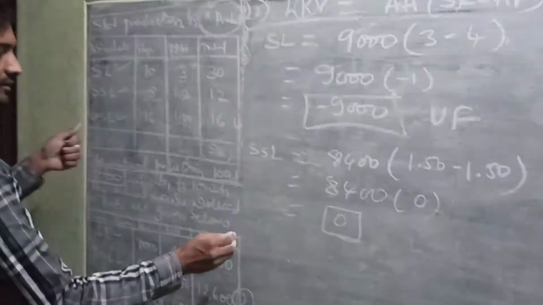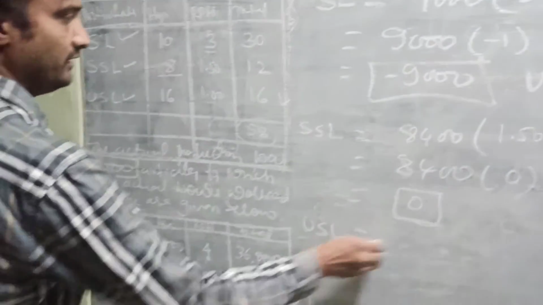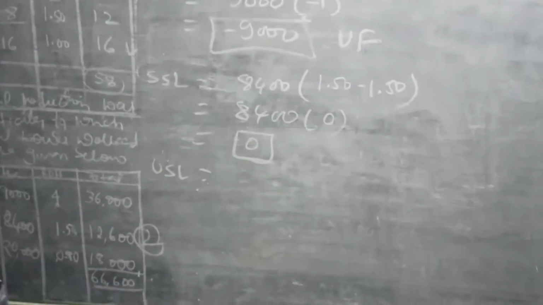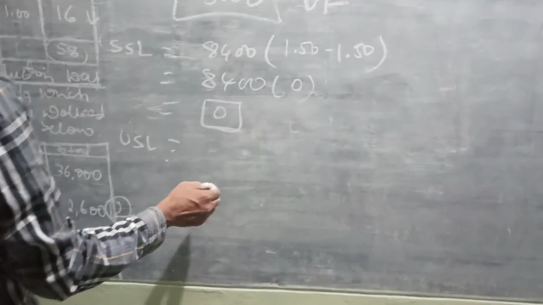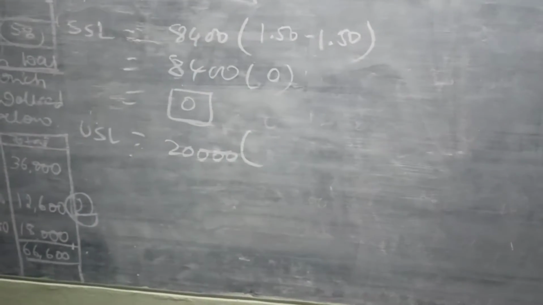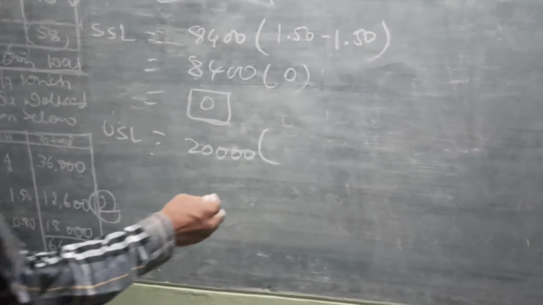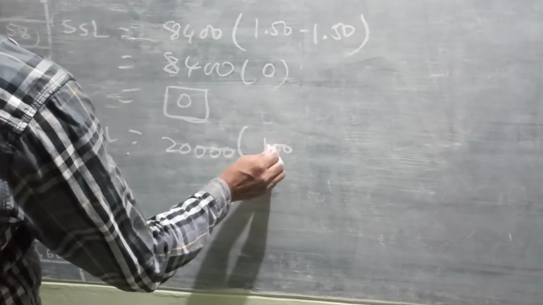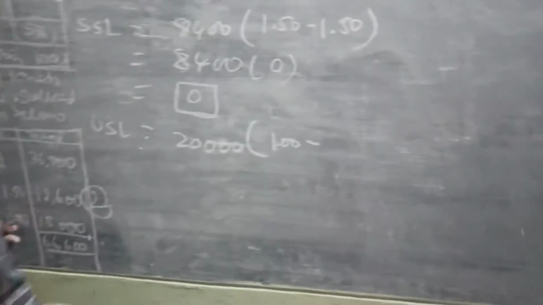Next one, for unskilled laborer, actual hours is 20,000 hours multiplied by standard rate of 1 rupee minus actual rate of 90 paisa.